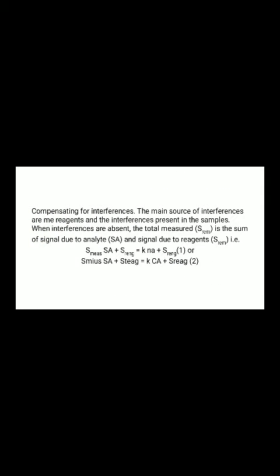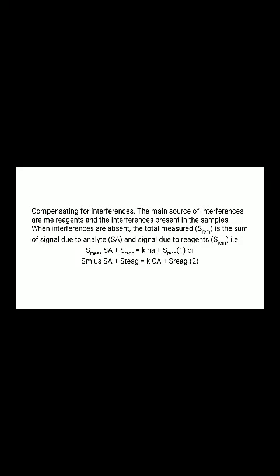Compensating for interferences. The main sources of interferences are the reagent and interferences present in the sample. When interferences are absent, the total measured signal is the sum of the signal due to the analyte and the signal due to the reagent.